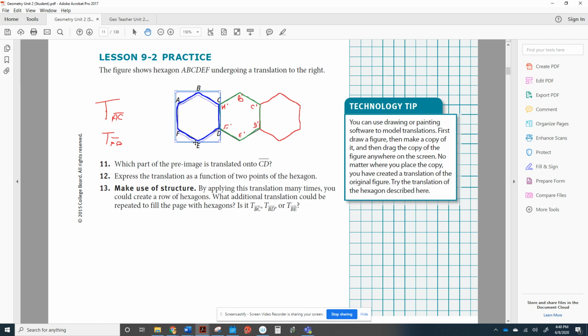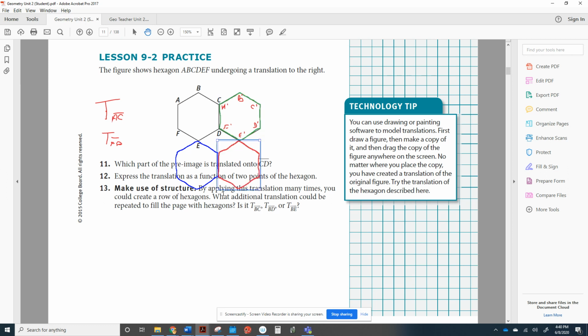Okay, so if I move B down to E, I'm going to move it down here. If I moved this one back over here, it started off right there, pretend. And then I moved it down.